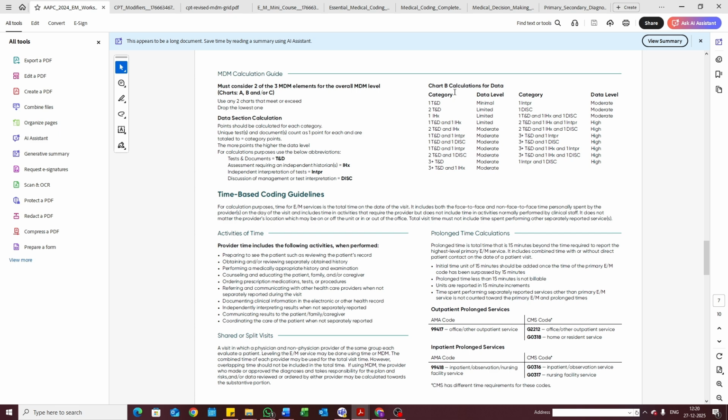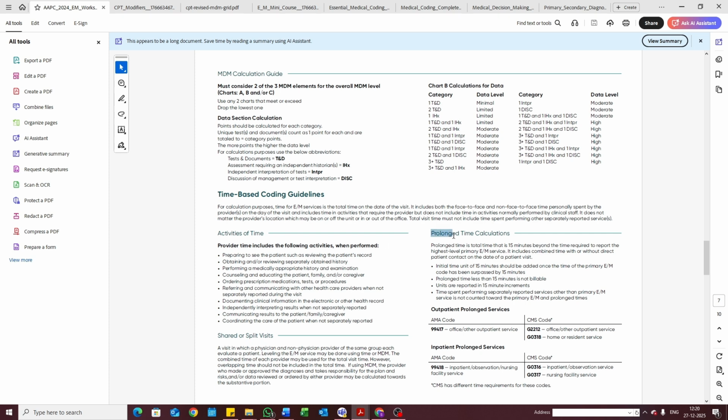Chart key calculations are for data category, one test and documents, two tests and documents, minimal, limited. Then time-based coding calculation also. We have time-based coding also.